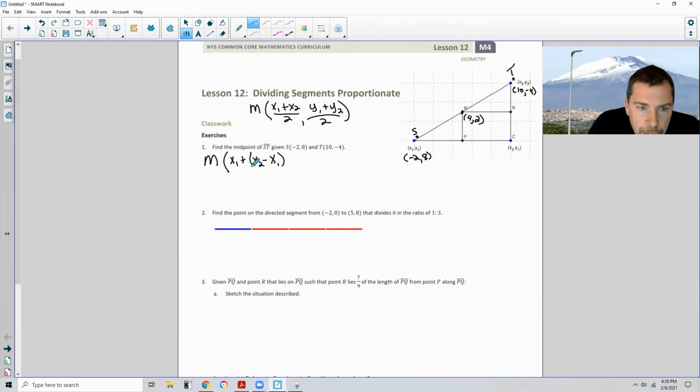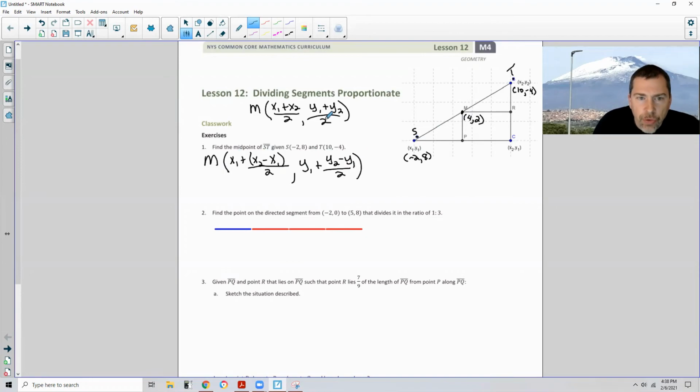You can put a half out in front, but I've been doing it divided by 2 here. So it's X sub 1 plus X sub 2 minus X sub 1, comma, and then Y sub 1 plus Y sub 2 minus Y sub 1 divided by 2.